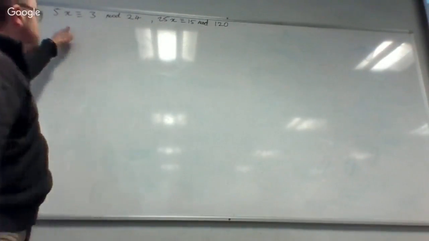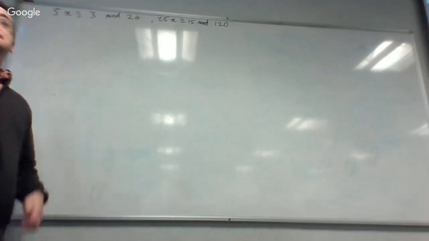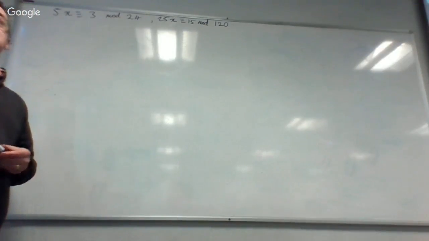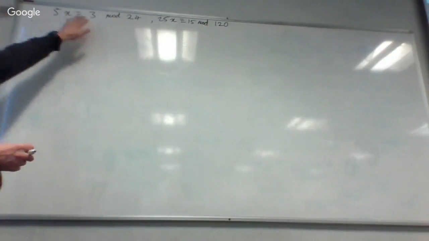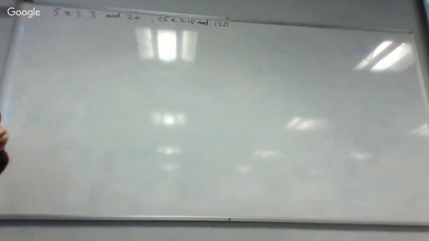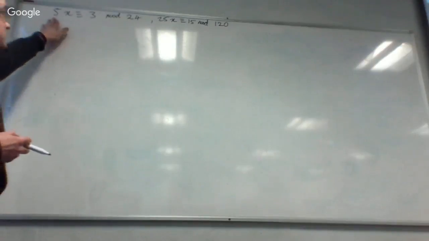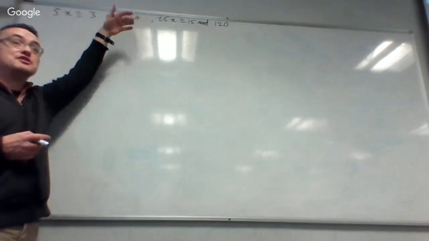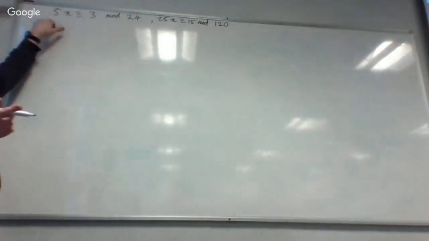So, what did we find? Any solutions to the first one? Or how did you go about solving 5x congruent to 3 modulo 24? Yeah, so 5 and 24 are co-prime, so there is an inverse. What is the inverse of it? 5.